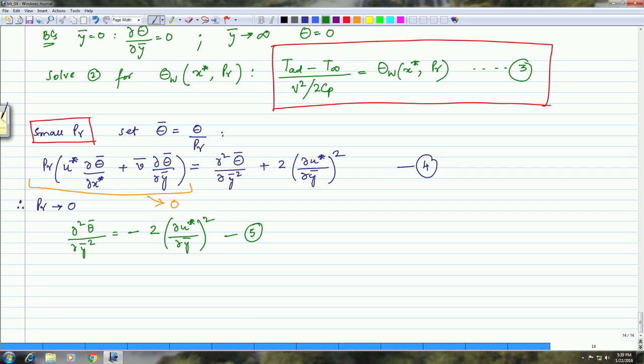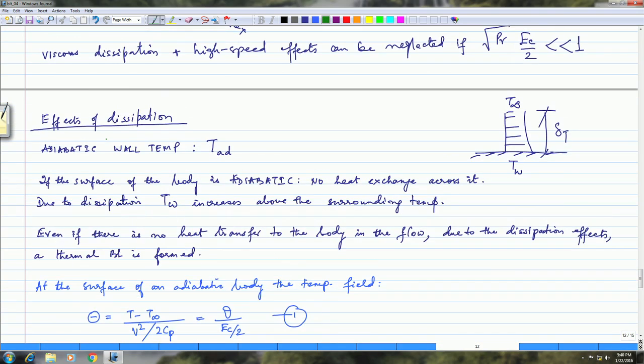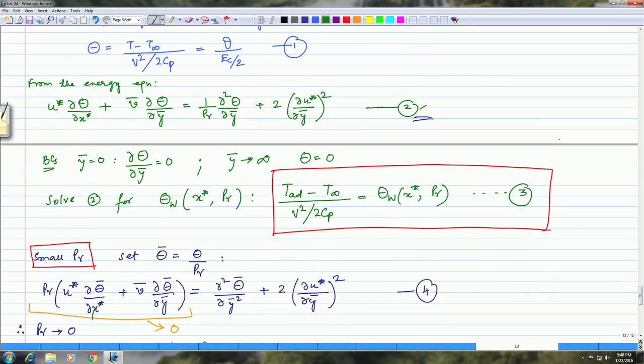What we should do is integrate this over, say, a very small elemental part of the boundary layer. So we are going to integrate this over a small height of y bar, which I am going to call dy bar. Take a small little element like that and integrate this.